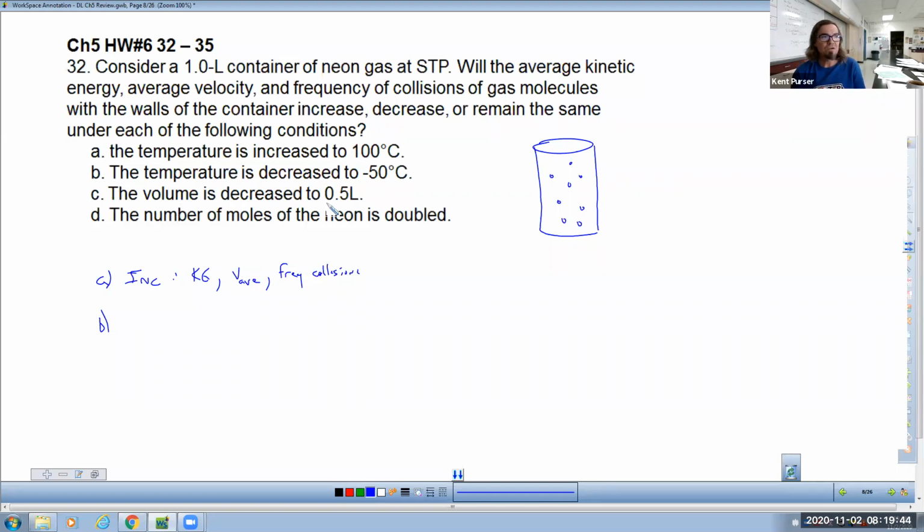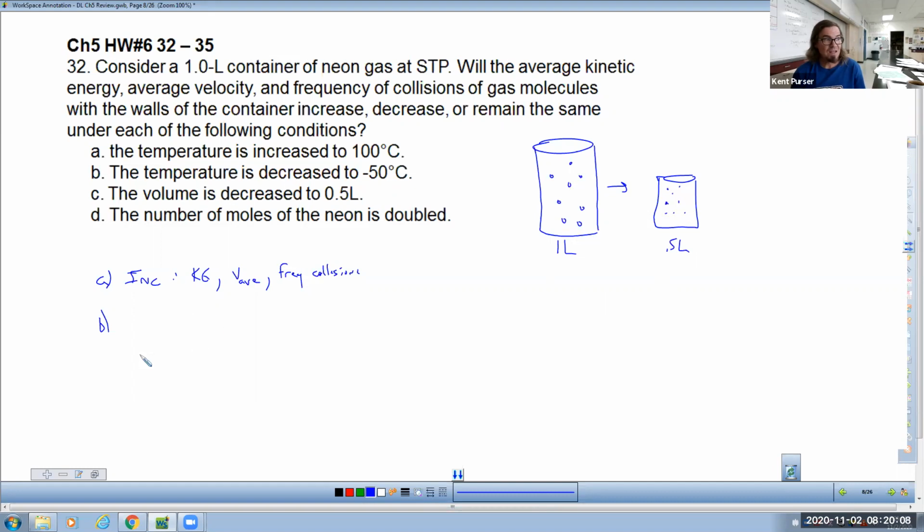The volume is decreased to 0.5 liters. So now we take this container, which was a 1 liter container, and let's squeeze it down to a container that's now only this big. So now I put 8 particles in there. Let's put 8 particles again in there. 1, 2, 3, 4, 5, 6, 7, 8. I think that's 8. What can we say about them? Well, at 0.5 liters, their temperature didn't change.